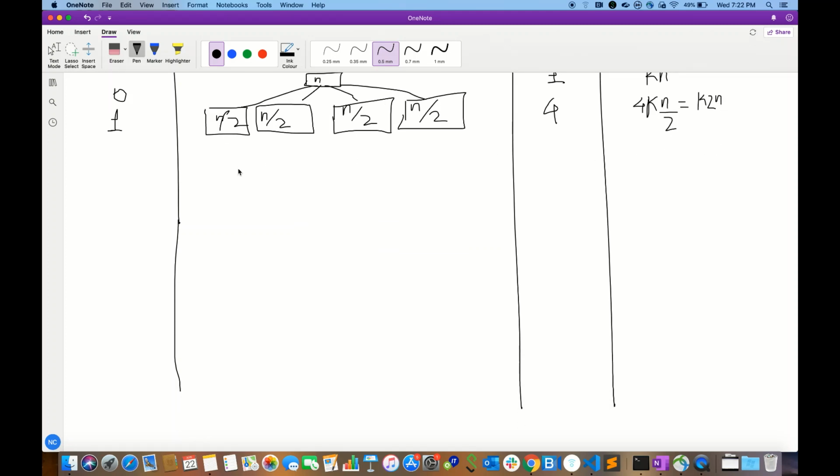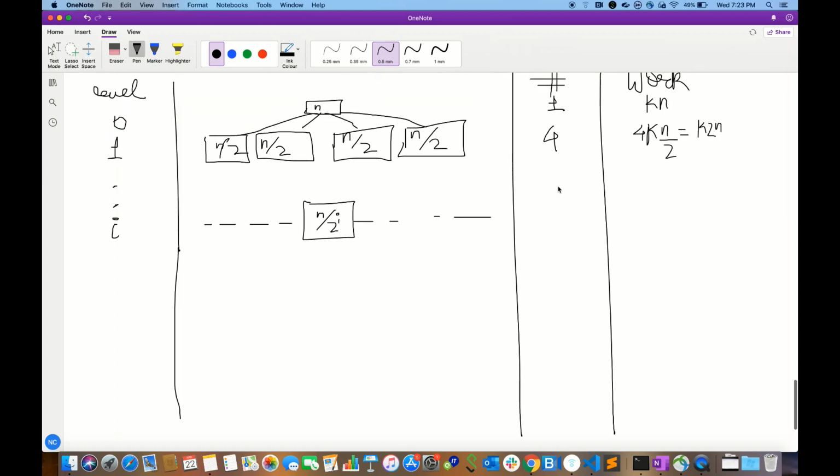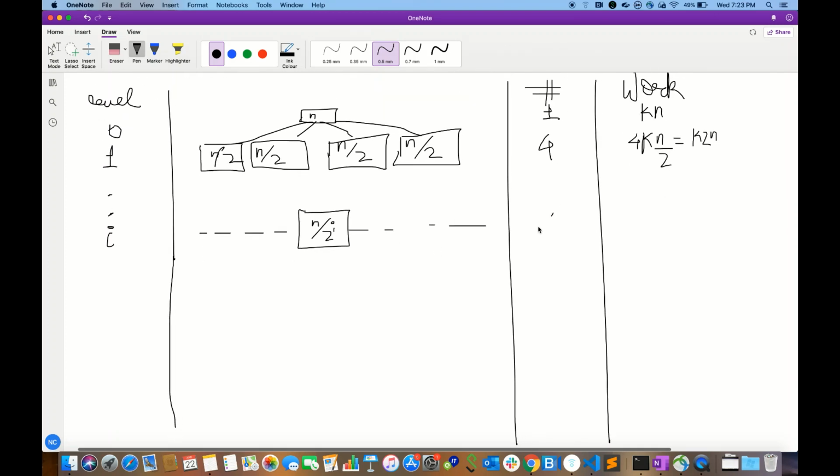So in this way, at any level i, each node will be of size n by 2 to the power i. And the number of nodes at this level would be 4 to the power i, since at every step we are generating 4 nodes.